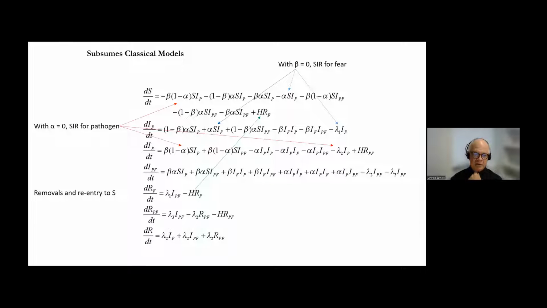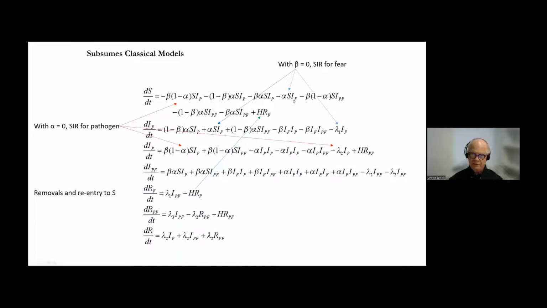With alpha equals 0, you get the classical SIR model for the pathogen shown in these terms. It's minus beta SI, and dI/dt is beta SI, and removal is minus gamma I. So here's the classical pathogen epidemic. And if you say there's no pathogen and there's just fear, beta equals 0, you get a pure SIR fear epidemic.